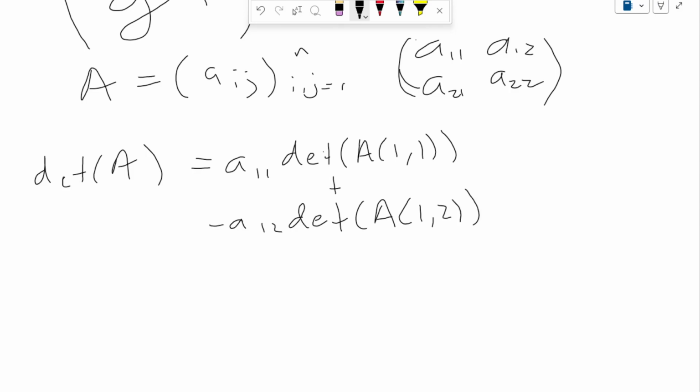Sorry, minus. No, sorry, this here is just specifying the bounds. It's just saying that i and j are going to run from 1 to n. So it's not a matrix power, it's just putting bounds on the matrix, if that makes sense.